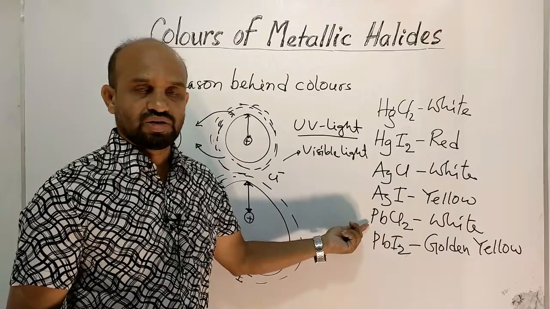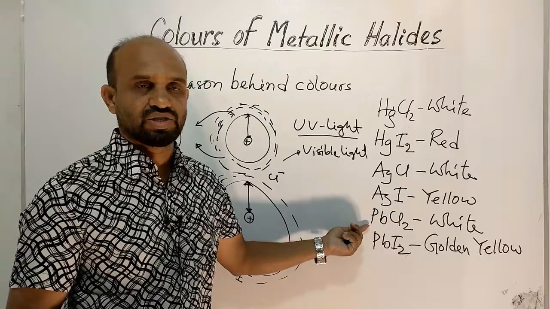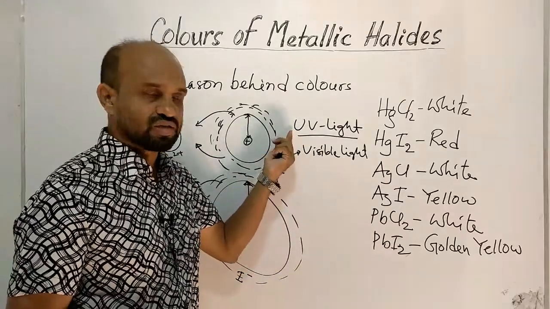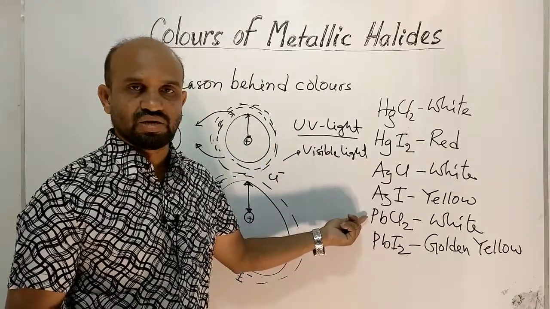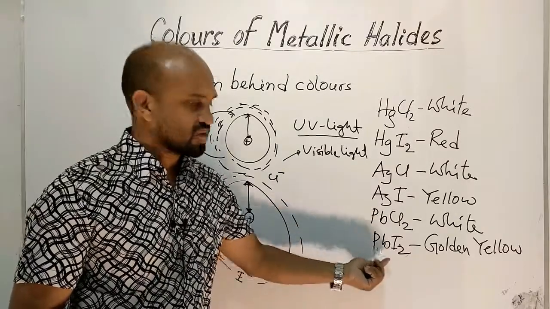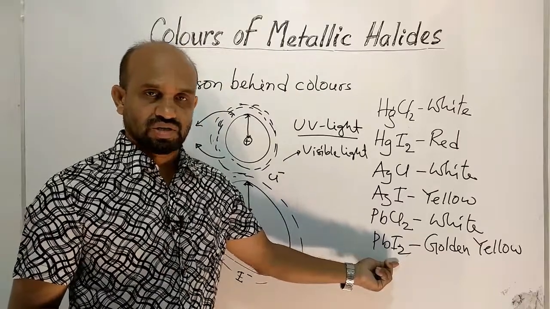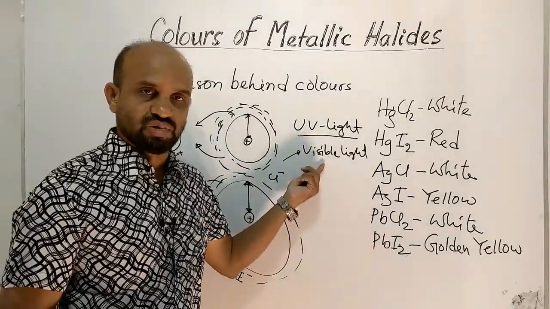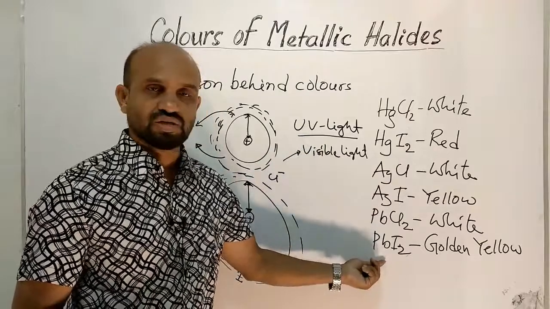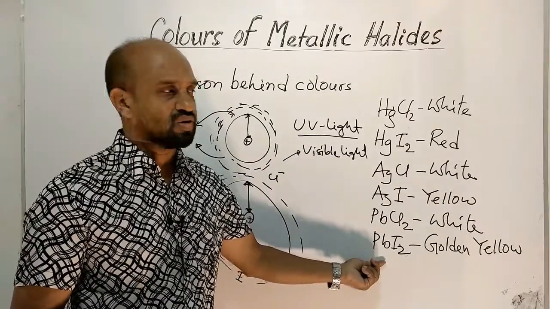Here lead chloride, because of the same reason, absorbs radiation from UV light. That is why it is white in color, basically colorless. And lead iodide, which is bigger in size, absorbs radiation from the visible light, and the complementary color is seen, that is golden yellow.